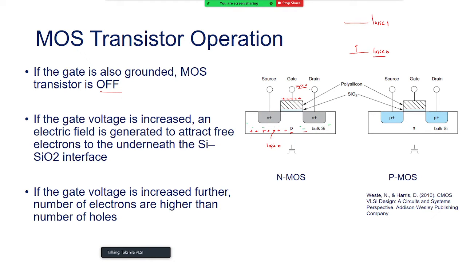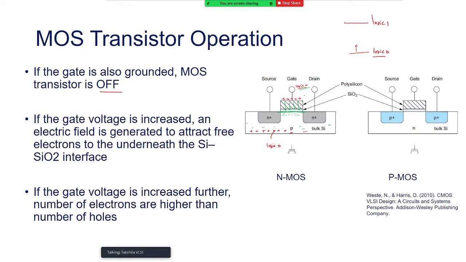Once the gate voltage is increased, an electric field is generated across this MOS structure, and this electric field attracts the free electrons in the P body. They start to come over and populate this region, even though they are small in number. We say that they start to gather underneath the silicon and SiO2 interface, which is this line.